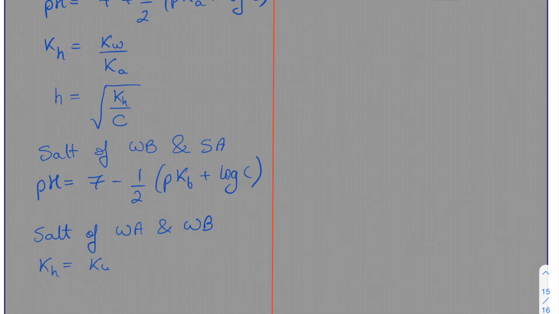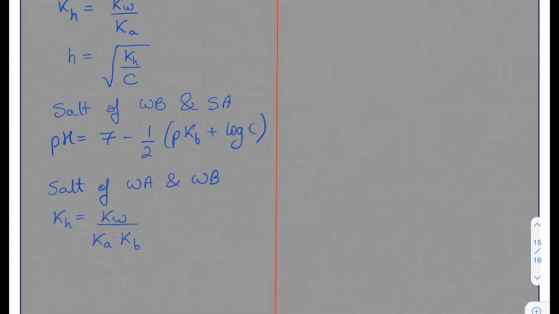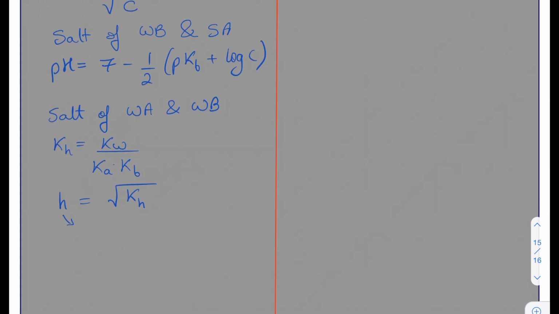Kh will be equal to Kw upon Ka into Kb, and h this time is equal to under root of Kh, indicating that h is independent of concentration for this salt. And your pH formula stands as 7 plus half (pKa minus pKb).